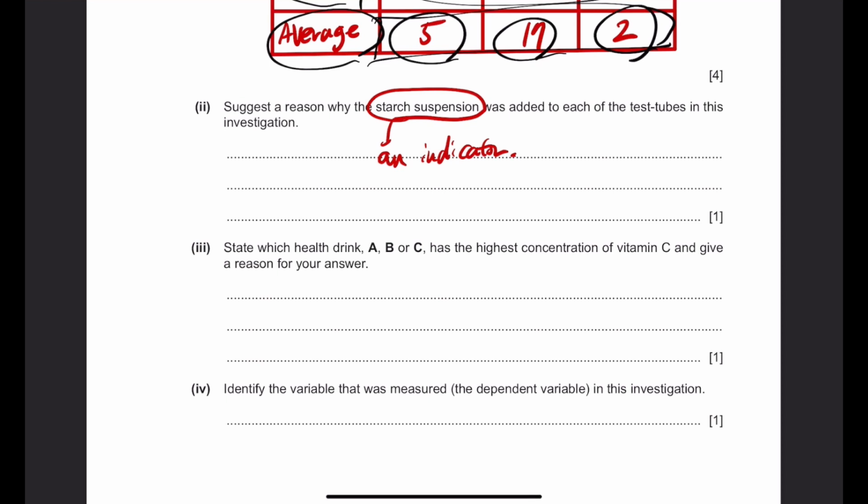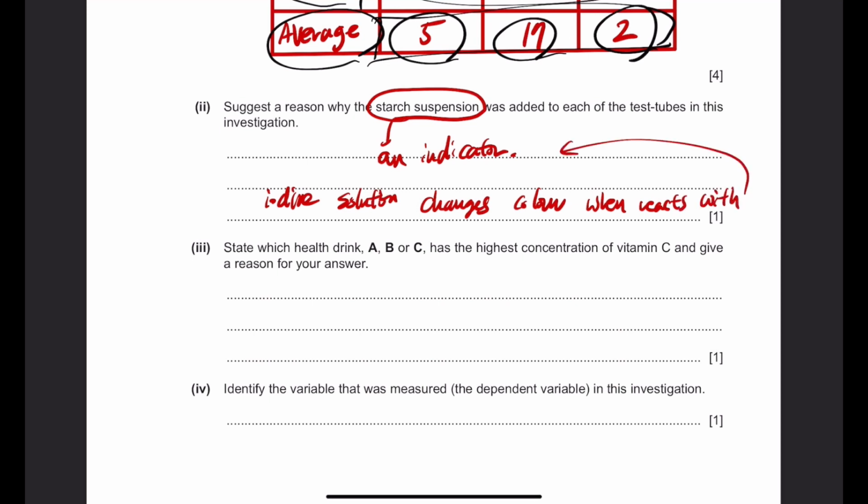So as the iodine solution changes color when it reacts with starch, it is used as the indicator. Okay, it's used as the indicator. So 1 mark for that.